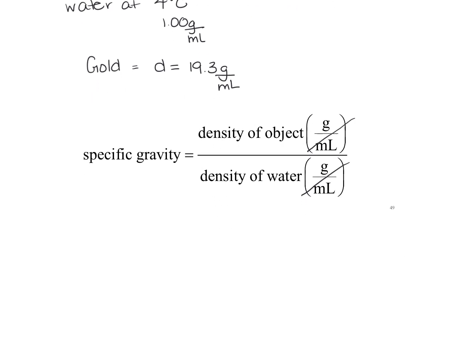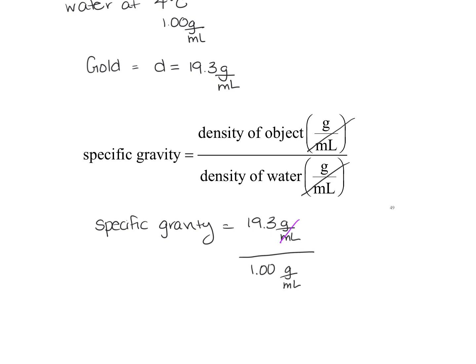If we were to calculate the specific gravity of gold, we would take 19.3 grams per milliliter and divide it by 1 gram per milliliter. These would cancel, and you would get 19.3 as the specific gravity of gold with no units.